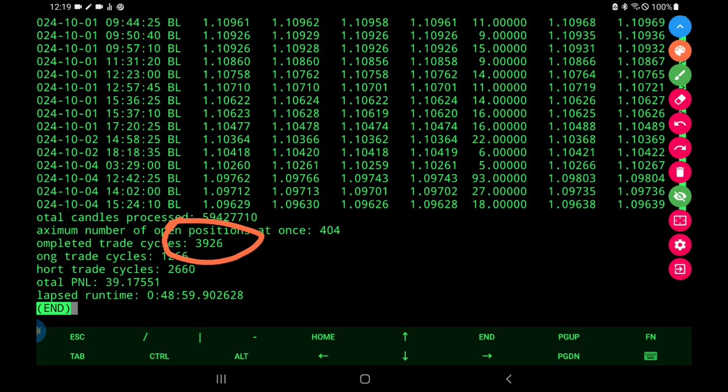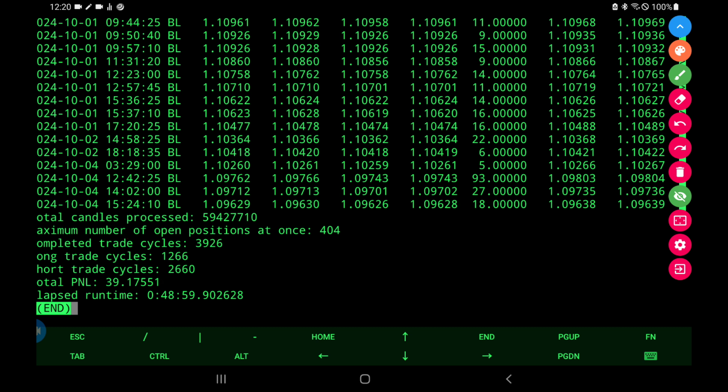Now this is an accumulation strategy, so that's an important context for this particular approach, of which I placed 1,266 long trades and 2,660 short trades. So that tells me the entire history of this asset was below its median for a good portion of the time, what looks to be 2/3 of the time.